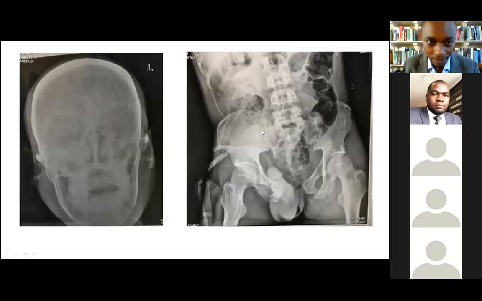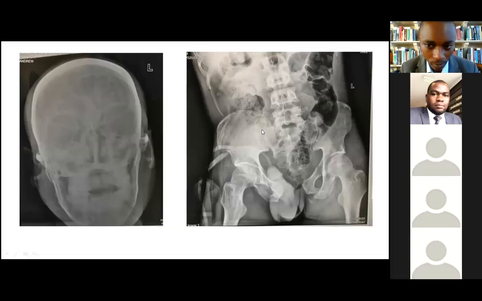Okay, all right, and then the other X-ray. Okay, it's an AP of the pelvis, and I can appreciate that there is a fracture of the right acetabulum.